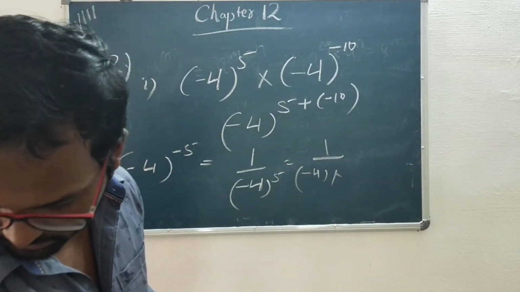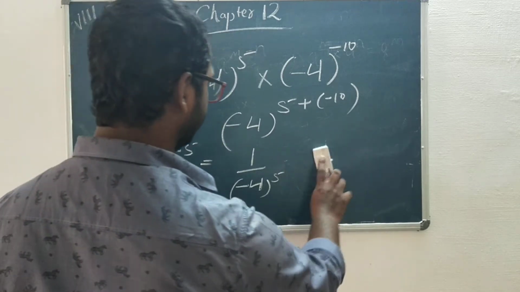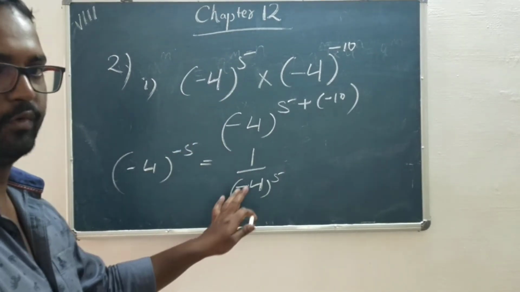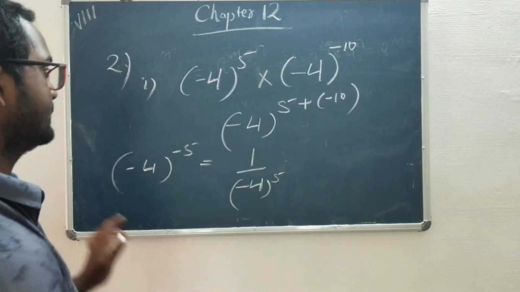Because it says just to simplify, we do not have to solve any further. Only this much is necessary, enough. So 1 divided by minus 4 to the power 5 is the answer. Okay, this is the final answer.